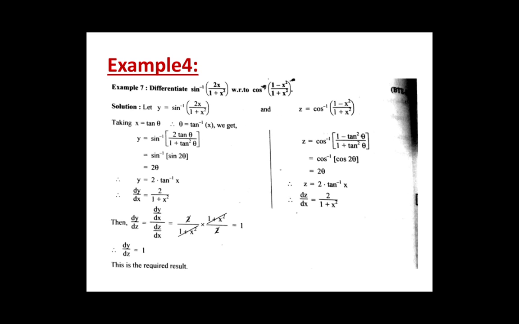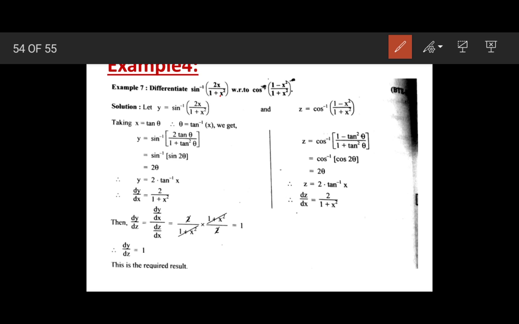See a similar type of sum. Again the question is: differentiate sin inverse of 2x upon 1 plus x square with respect to cos inverse of 1 minus x square upon 1 plus x square. Again inverse trigonometric functions, so again we substitute x. When we substitute x as tan theta, we get theta as tan inverse x.